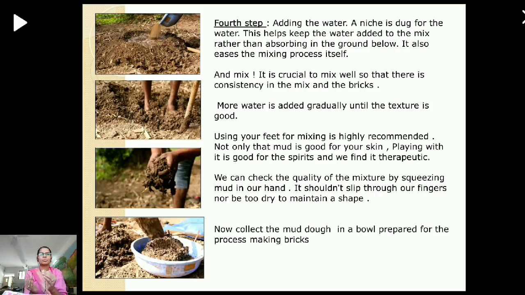The niche is dug and the water is poured in the middle of it, and slowly the mix is put into that water and mixed nicely, so that the water is used well and does not get absorbed into the ground below. It also eases the mixing process.